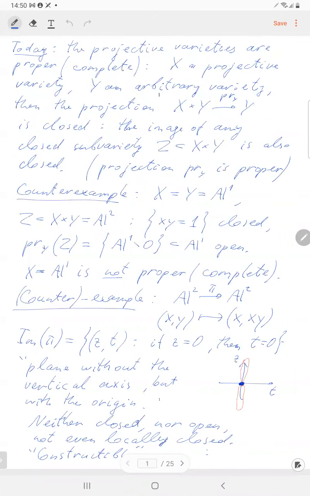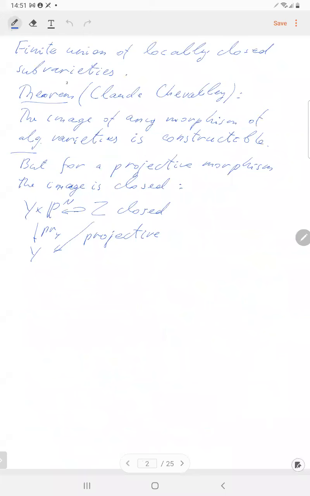Let's go back for a moment. This main theorem says that, no, it didn't say anything yet. The main theorem was only the definition of a complete or a proper variety, right? And now the main theorem that we are going to prove right away says that the projective space is a proper variety.